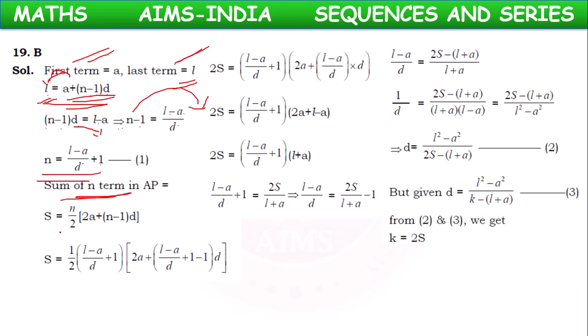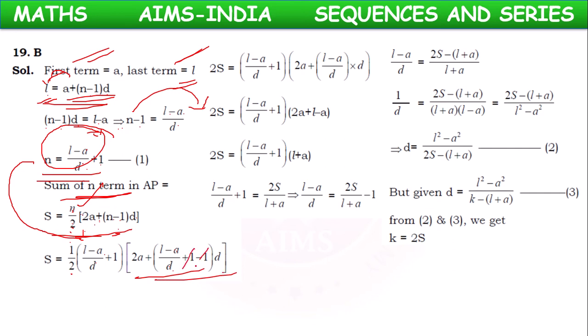For the sum of n terms, we have the formula S equal to n by 2 into 2a plus n minus 1 into d. In this formula, in the place of n, let's keep this value here. From n by 2, we can take 1 by 2 separate. So 2a plus, in the place of n we keep this value and the remaining as it is.